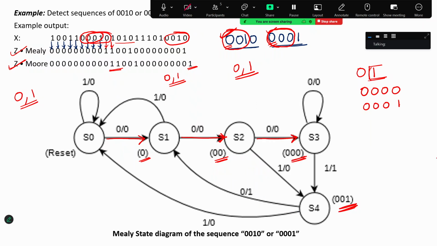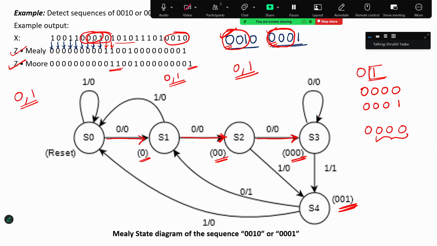First I'll check with 0 0 0, next 0. Okay. So if I'm checking 3 bits, 3 bits are matching in S3, no?